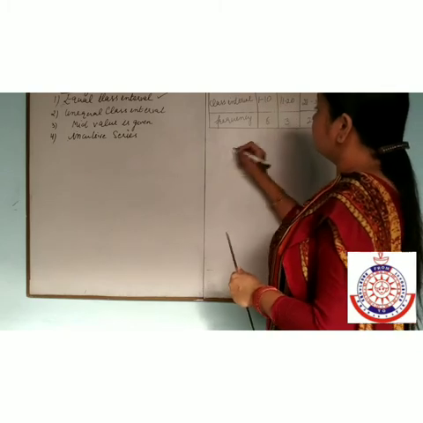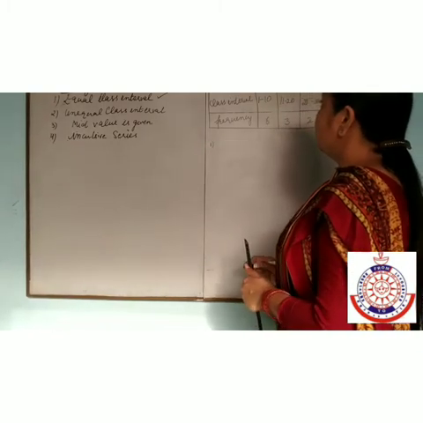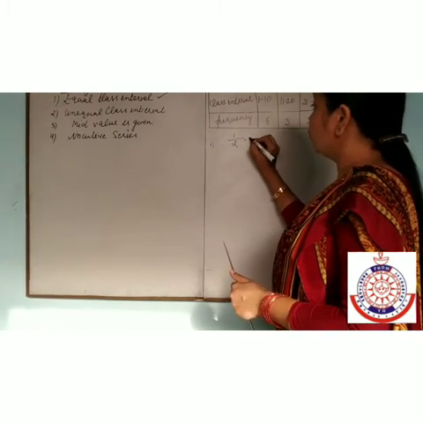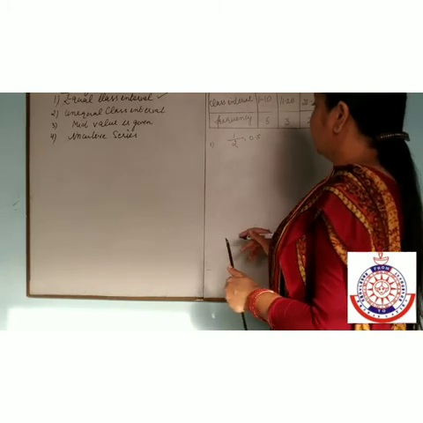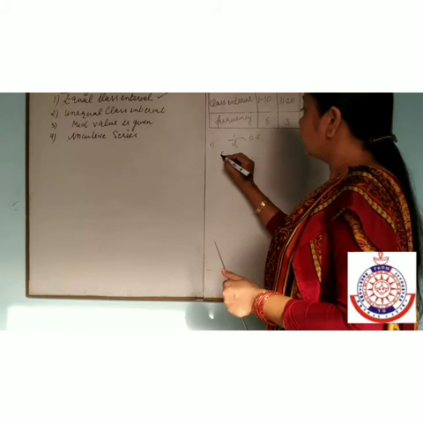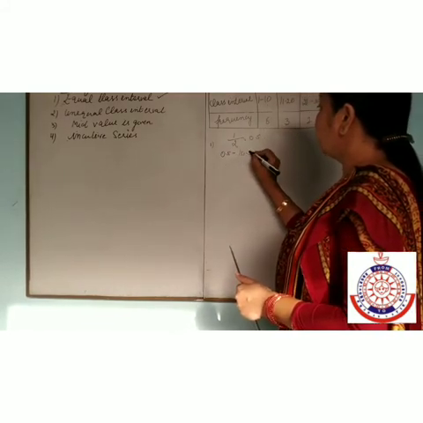First of all, in the first step we will see the gap between the upper limit and the lower limit, that is equal to 1, then 1 by 2, that is equal to 0.5. 0.5 is deducted from the lower limit and added to the upper limit, that is equal to 10.5.